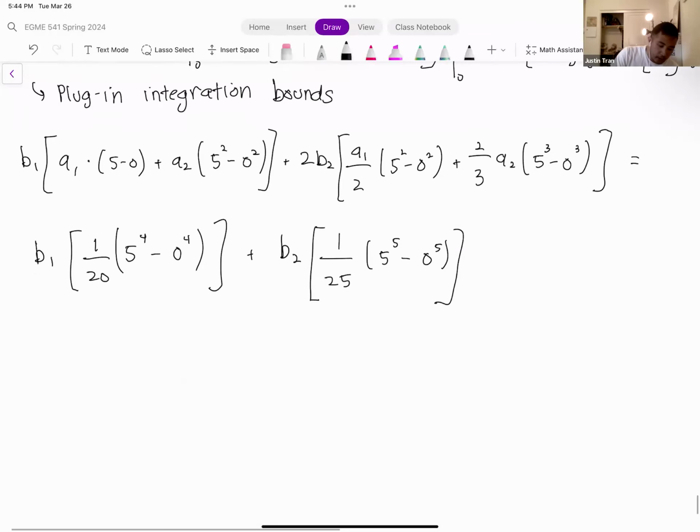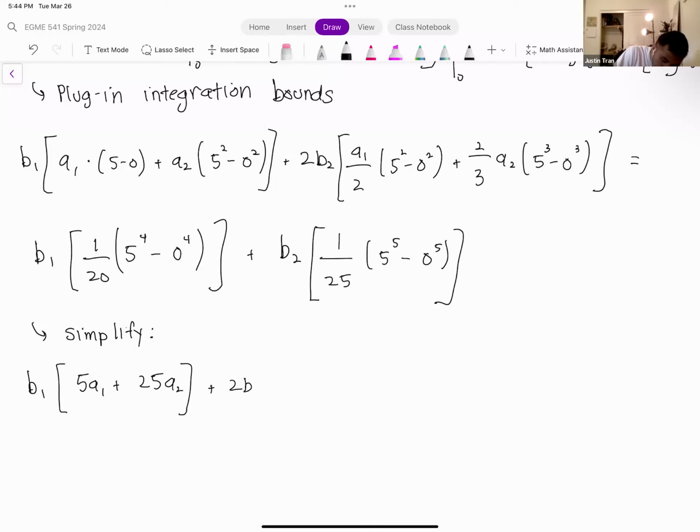Okay. So let's go ahead and simplify this. When we simplify this, we get b1 multiplied by 5a1 plus 25a2, plus 2b2 multiplied by 25 over 2 a1 plus 125 times 2, so that's 250 over 3 a2.